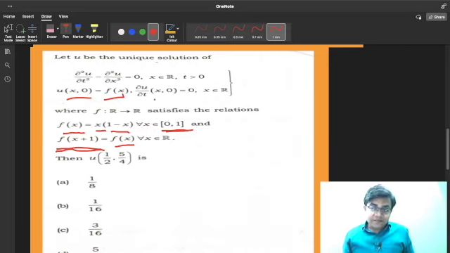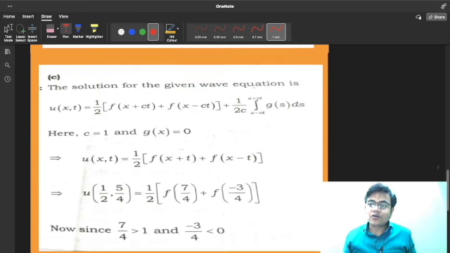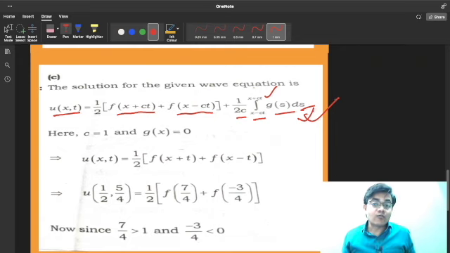But from the given data, let's put it into the formula u(x,t). u(x,t) is what? 1 by 2 of f of x plus t plus f of x minus t, plus 1 by 2c integration from x minus ct to x plus ct g of s ds. This is what the formula says.